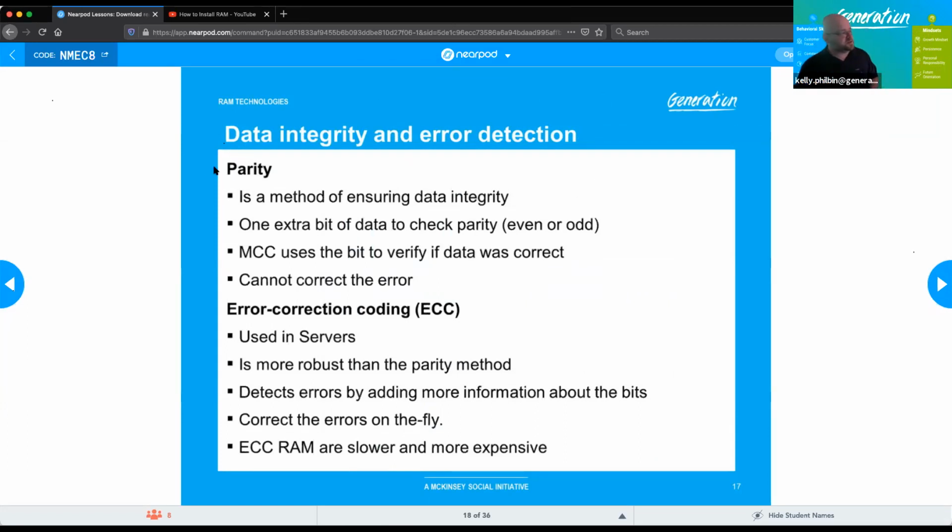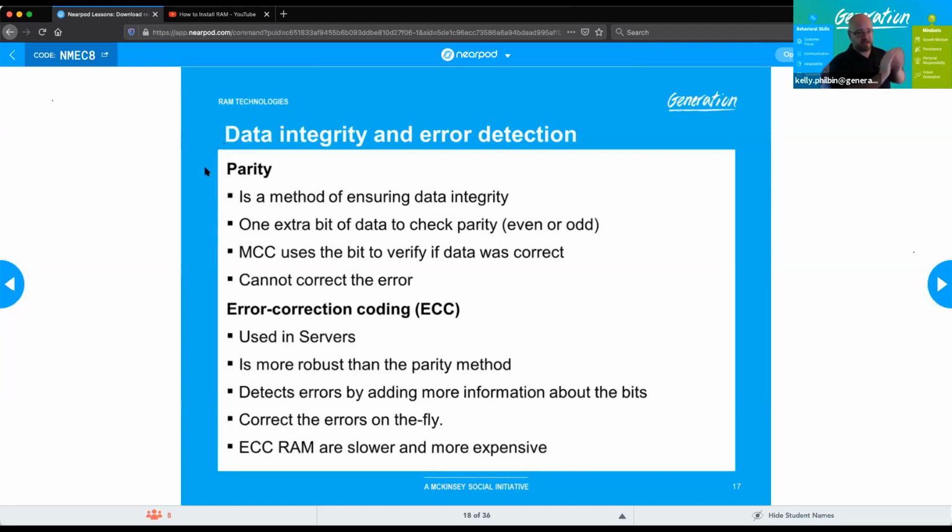Some of them use what is called a parity bit, which is essentially a method of ensuring that the data is what it's supposed to be. It's an extra bit of data tacked onto the end, and it tells you whether the block of data you received is supposed to be even or odd.